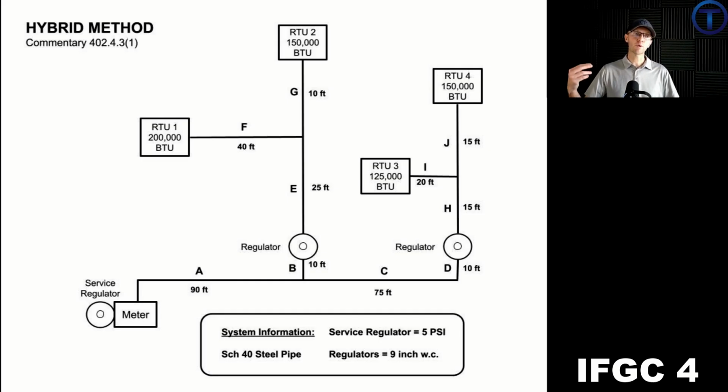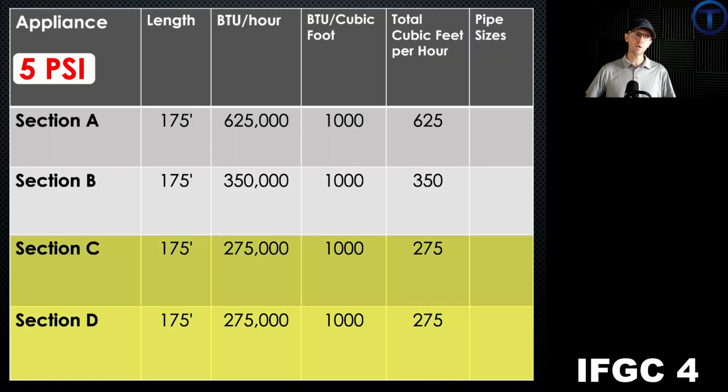They are feeding rooftop unit 3 and 4. The BTUs for unit 3 is 125,000. And 4 is 150,000 for a combined total of 275,000. And we'll divide that by 1,000 and get 275 cubic feet per hour. Now again, that's for C and D. This covers our section of the pipe that is at 5 psi.